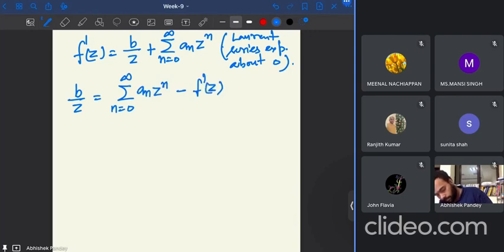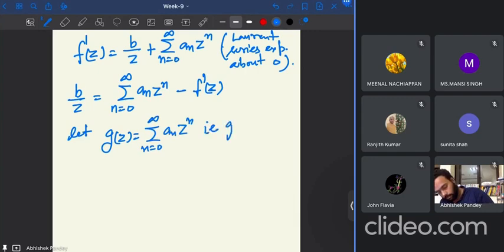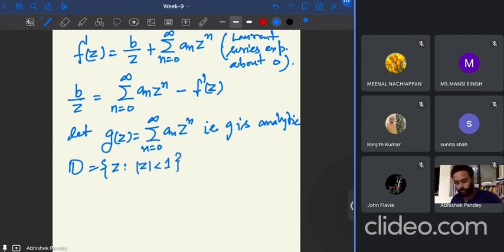Let g(z) be summation n equals 0 to infinity a_n z to the power n. That is, g is analytic in the whole unit disk. Since g is analytic in D, it has a primitive because D is simply connected.